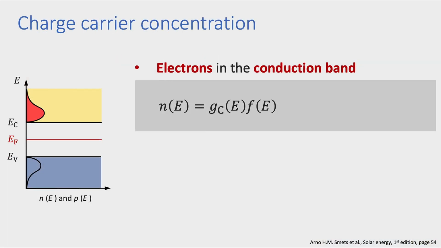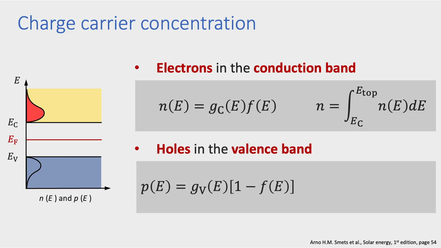If we want to know the total amount of mobile electrons, we have to integrate the carrier concentration N from the conduction band edge up through the band. A similar equation is used for the number of holes in the valence band. However, remember that holes are simply the missing electrons at given states in the valence band. Therefore, we have to multiply the density of allowed states by 1 minus the occupation function to find out which states are actually unoccupied.